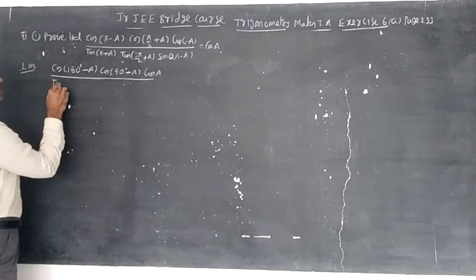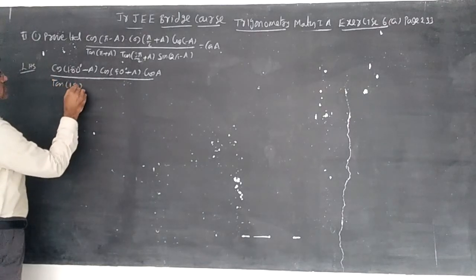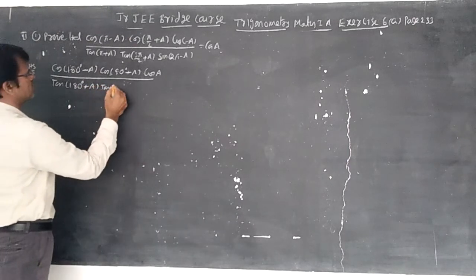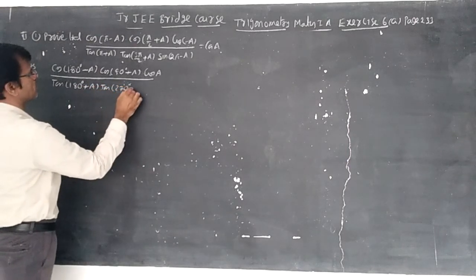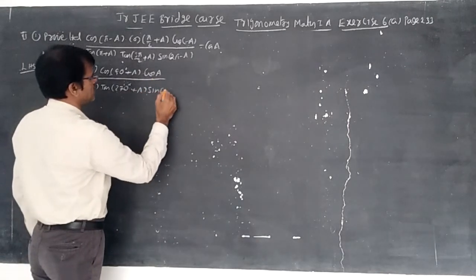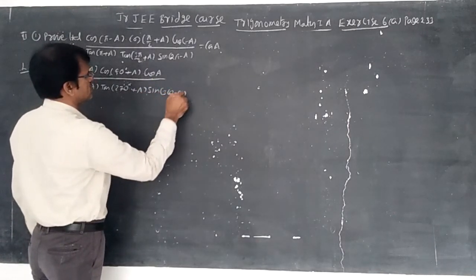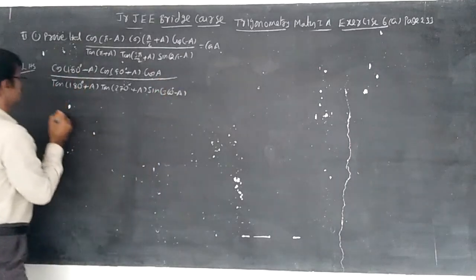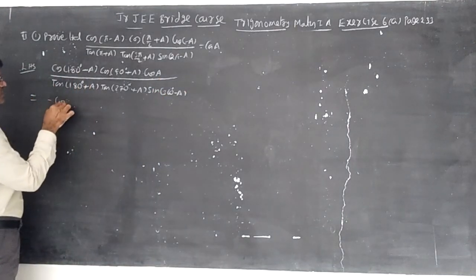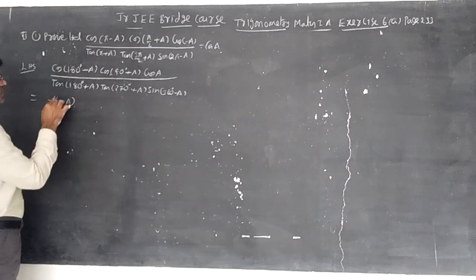Tan 180 plus A, tan 270 plus A, sin 360 minus A. Cos 180 minus theta becomes minus cos theta, so it is minus cos A.